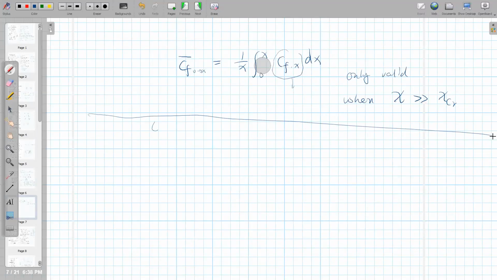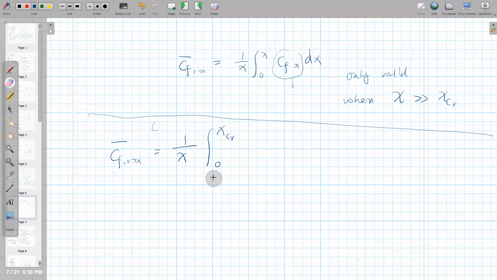Okay, the correct way to do this is that if you want to do CF average from 0 to x, what you really should do is 1 over x, with the critical value xCr, integrating from 0 to xCr. Maybe I should not do this. Let me write it.